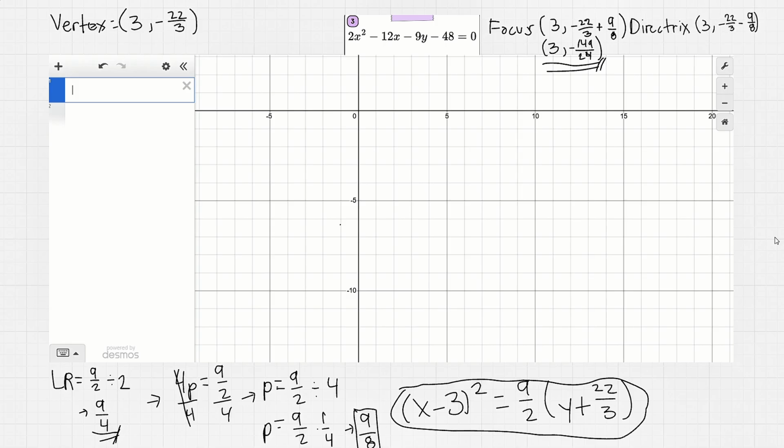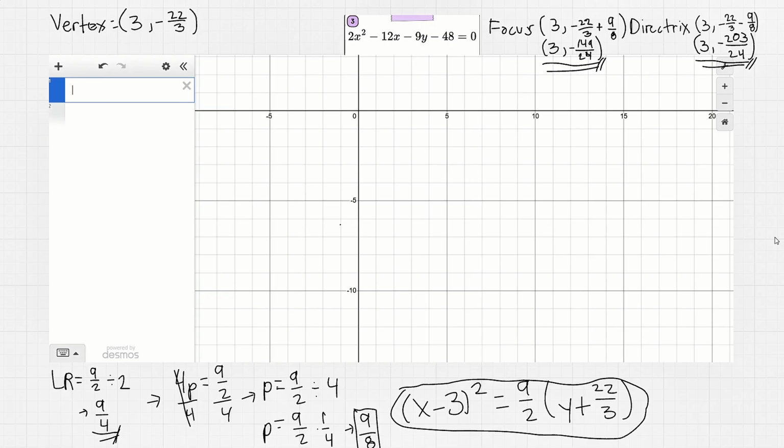Now let's simplify. 3, comma, negative 22 over 3 minus 9 over 8 is negative 203 over 24. So this must be our directrix.